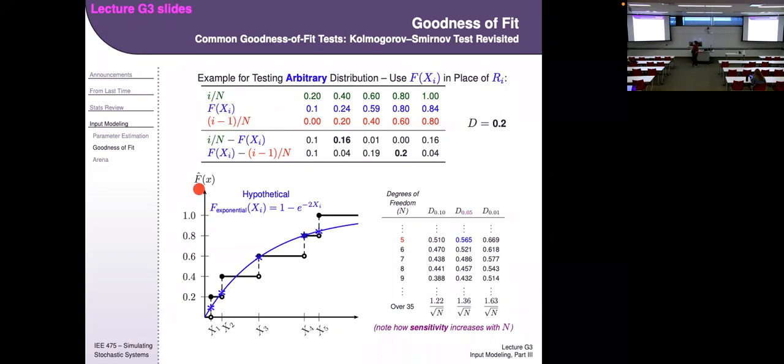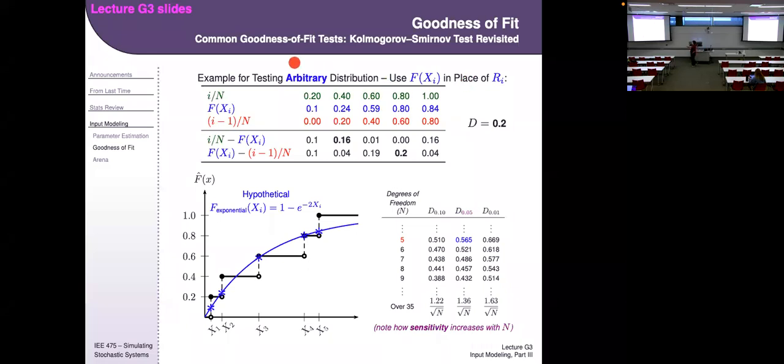So what I'm doing graphically down here is, I have my hypothetical CDF, this bendy guy here. And the data points after being processed through the CDF are these asterisks. And the expected position of them, if they're consistent with this CDF, is given by these intervals here. The idea is that the first data point, when I run it through the CDF, I'm expecting to be in the first 20% of the distribution.